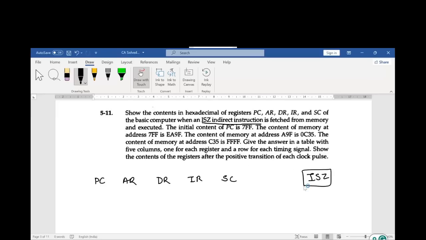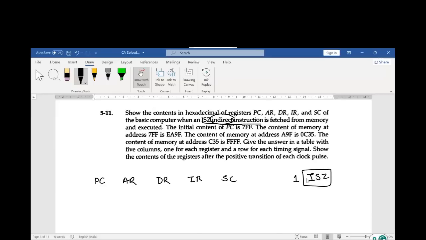ISZ. So you have to show the contents of these registers when the ISZ, increment and skip if 0 instruction, is fetched from the memory. And here it is also mentioned that the instruction is indirect. So indirect means the most significant bit is 1. The opcode given to you is of the ISZ instruction.